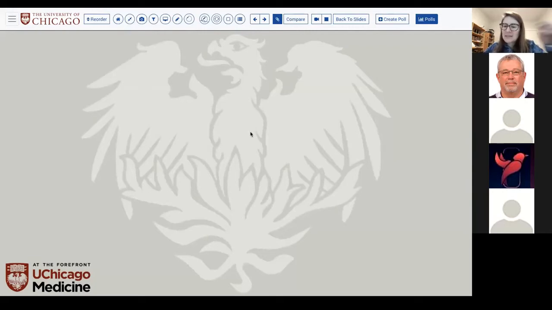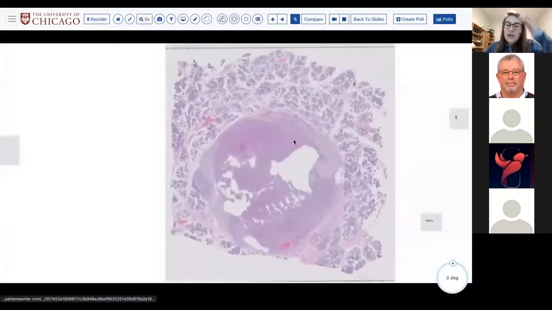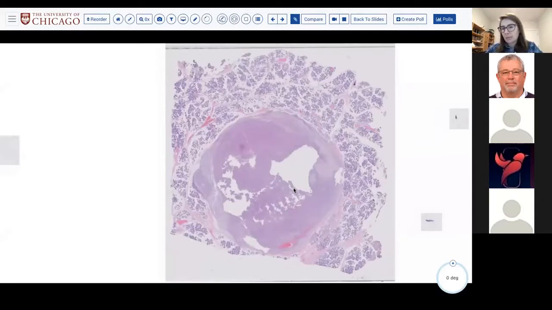What if it's carcinoma ex pleomorphic adenoma? How do you distinguish? So, generally, for carcinomas ex PA, I like to have an overt invasive component.